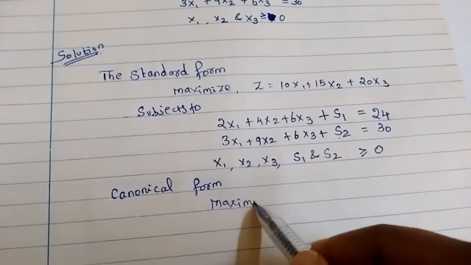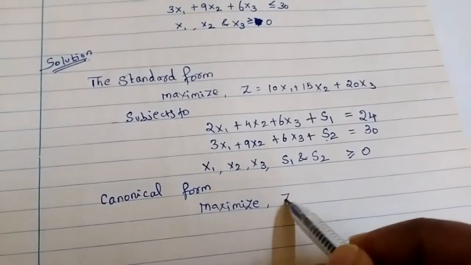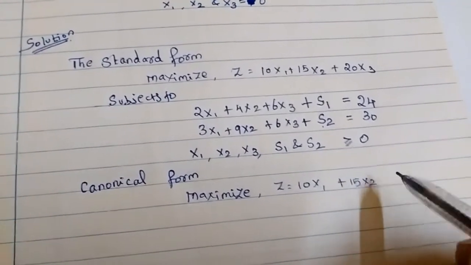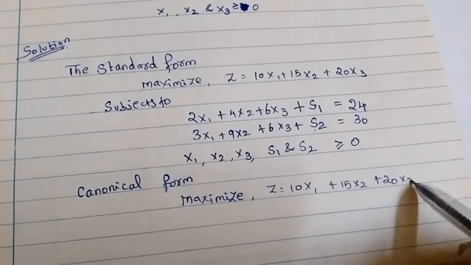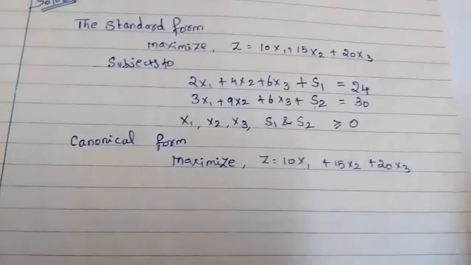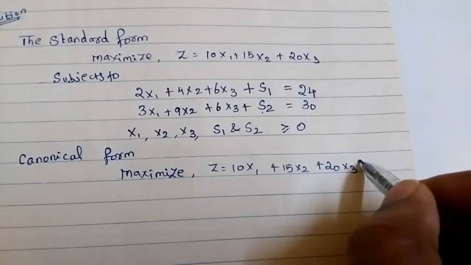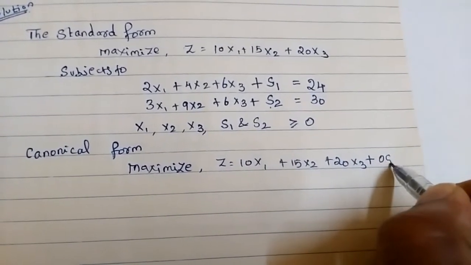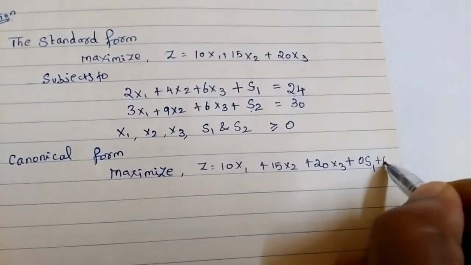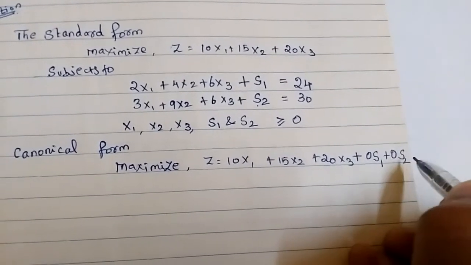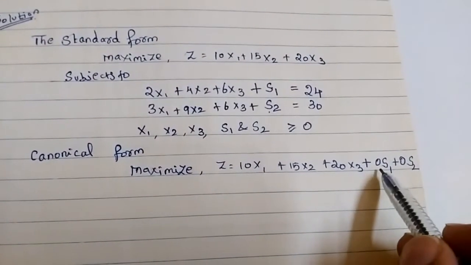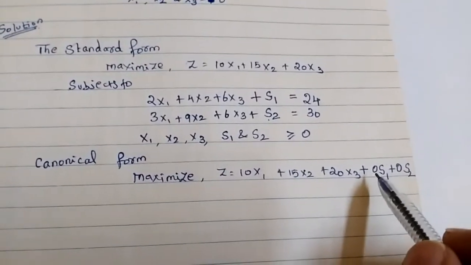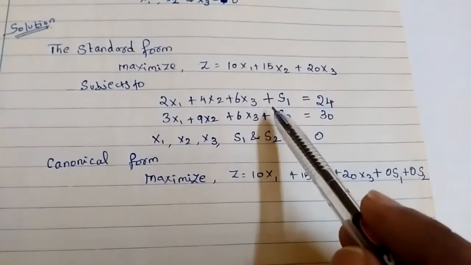Just repeat: maximize z = 10x1 + 15x2 + 20x3, and bring the slack variables to the objective function. Slack variables do not have a value, so 0s1 + 0s2. Include the slack variables in the objective function with the value 0, and rewrite the constraint equations.